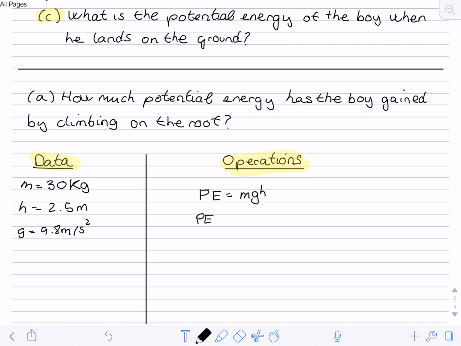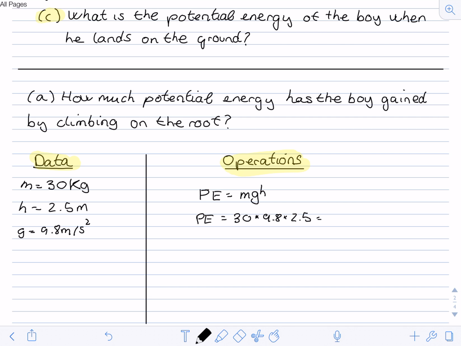So the potential energy, measured in joules, remember that, is going to be 30 multiplied by 9.8 multiplied by 2.5, and this is going to give us our result of, let me just get the calculator here for a second.